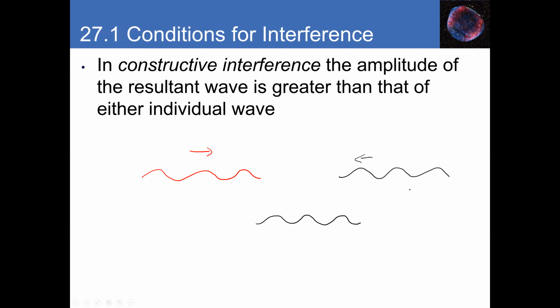So let's say this is wave two, and this was wave one. If they overlap in what we call in phase, that means their crests overlap and troughs overlap. So this is known as constructive interference. That means their crests and their troughs overlap at the same exact space and time.